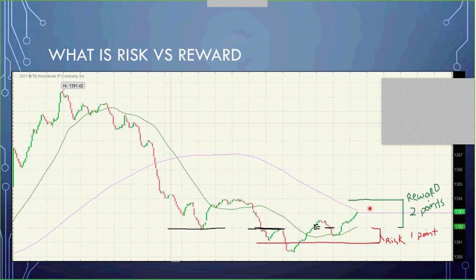So you can make 10 of these trades and lose half of them, but since you're willing to take 2 points for every 1 point that you're willing to lose, you'll still be profitable at the end of the day. And you're only making money half of the time. If we say we trade 10 of these per day, and you're willing to take 2 points, 10 times 2 is 20, and you're willing to risk 1 point, but you lose half the time.